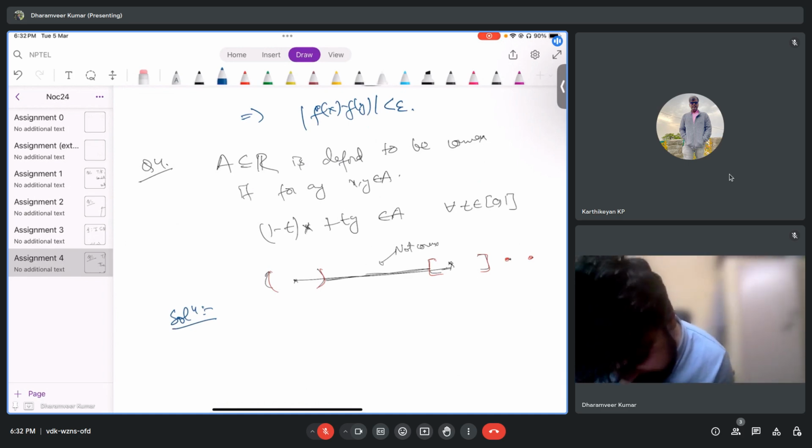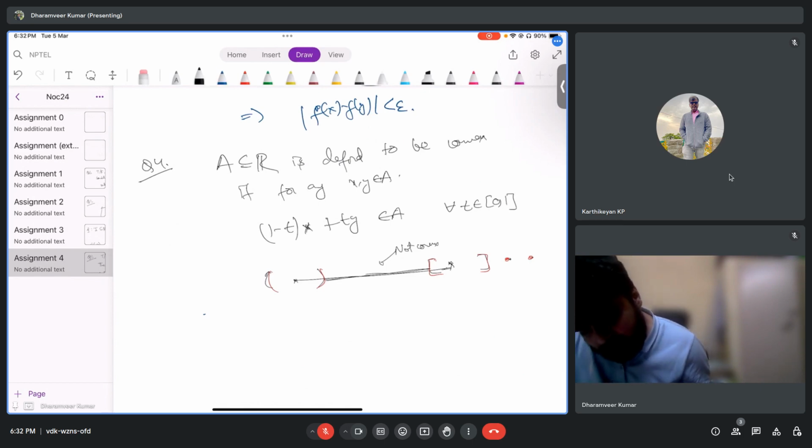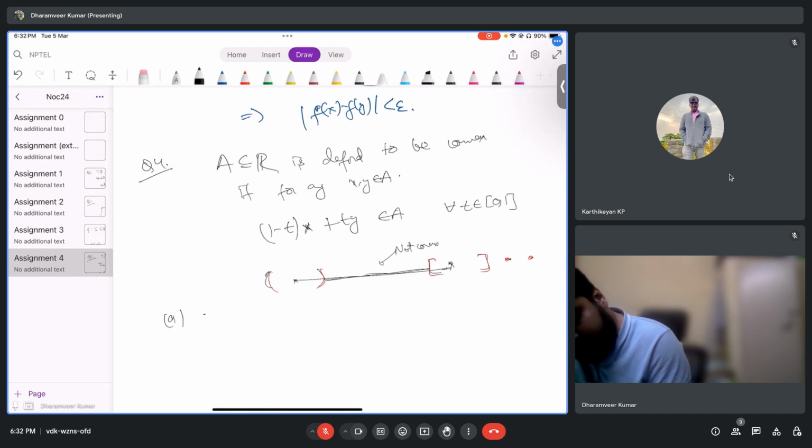The question is: convex set implies interval, converse is false.